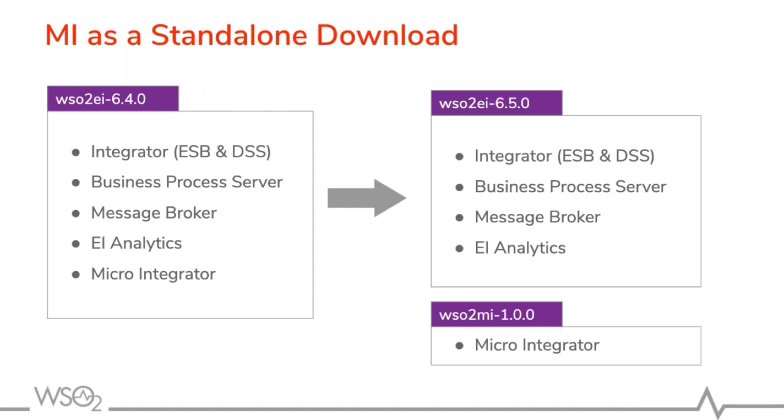The users who want to use micro integrator can separately download the WSO2 MI 1.0.0 binary, which will only contain the micro integrator runtime, and then they can use this for all the purposes they used the micro integrator for in the 6.4.0 release. And then we have some additional distribution mechanisms as well for the micro integrator, but just for now, if you are using it as a virtual machine, you just have to use the WSO2 MI distribution.